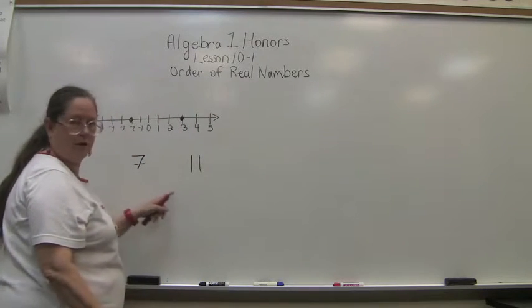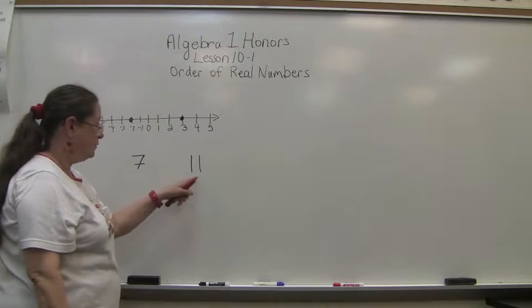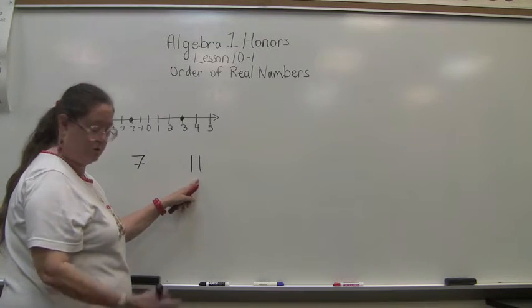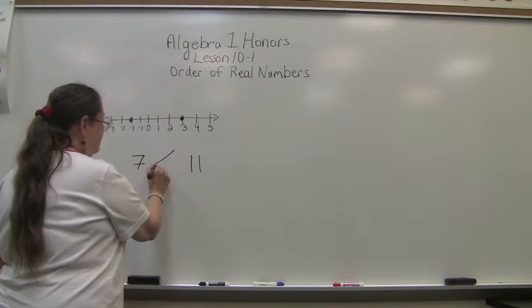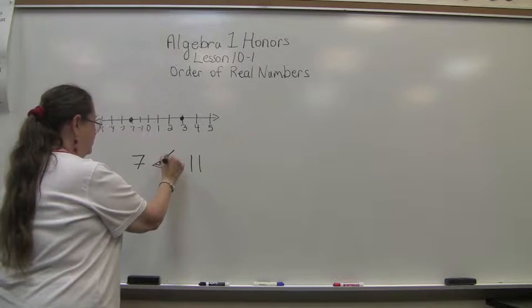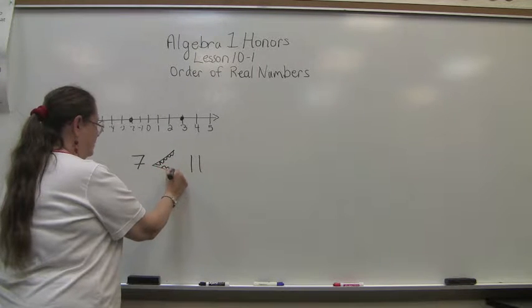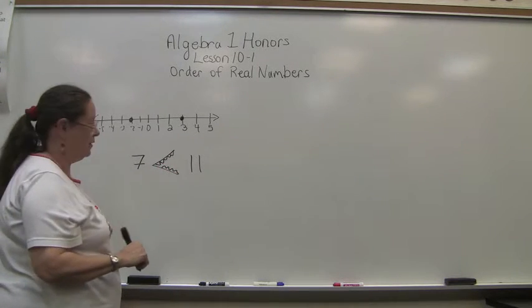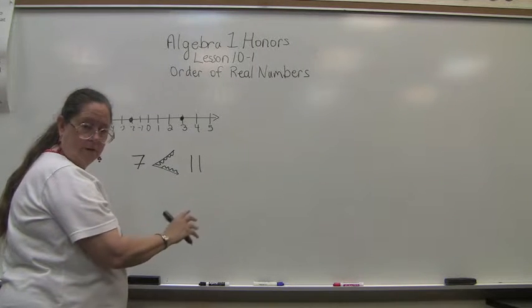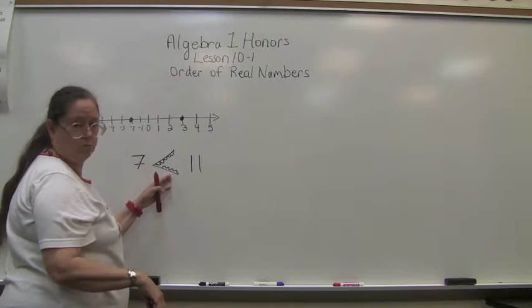So this one is less than this one. Since this one is bigger, that's the one the alligator wants to eat because he wants to be well fed. So his mouth is going to go like that. He's going to go eat that number right there. 7 is less than 11. So that's a way to remember which way the sign goes.